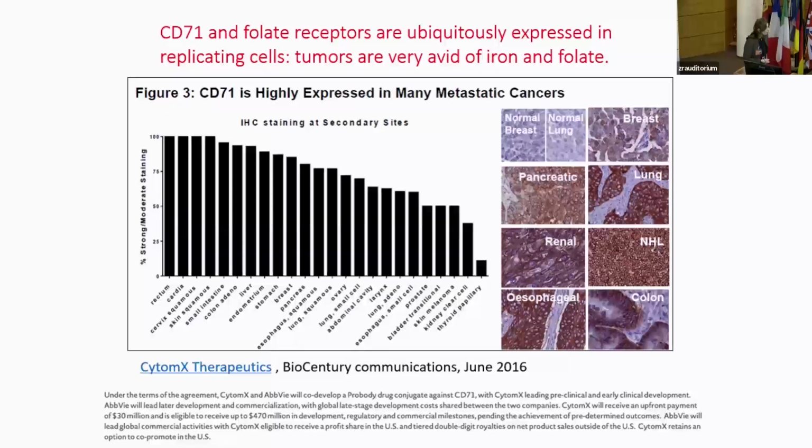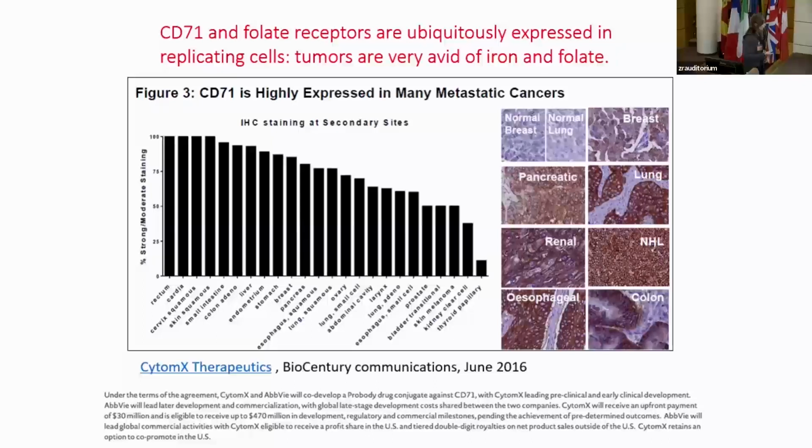However, when you have cancer cell lines they vigorously stain for the CD71 receptor. This is because cancer cells are very avid of iron. They replicate so quickly. They need a number of nutrients, a number of compounds, iron included, to sustain their incredibly fast replication.